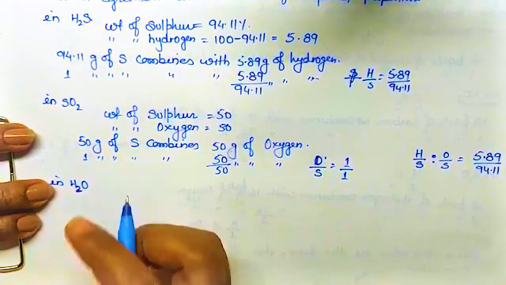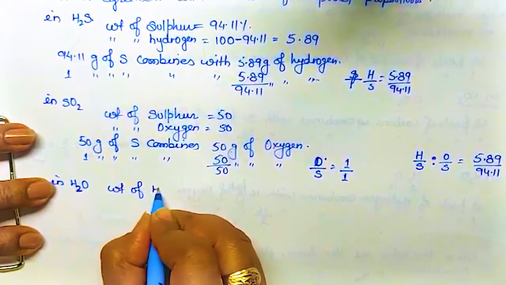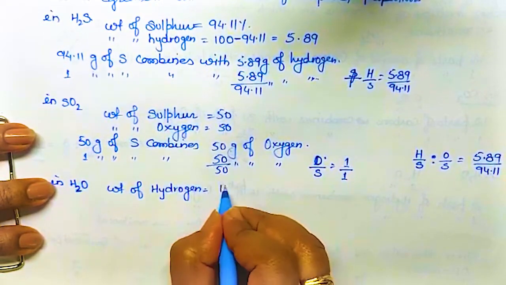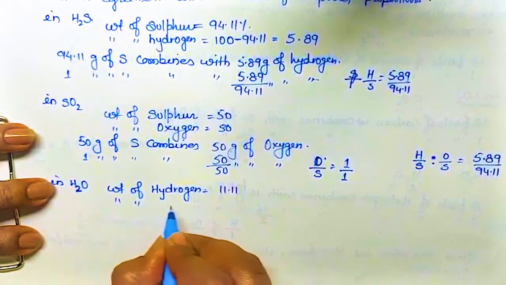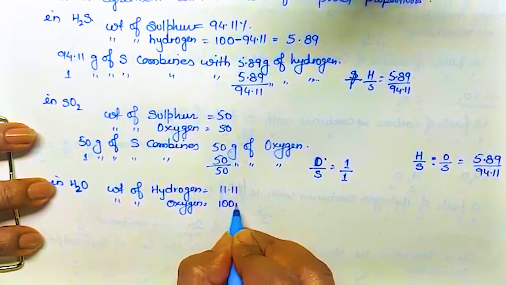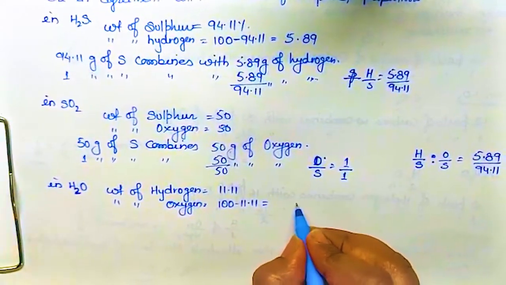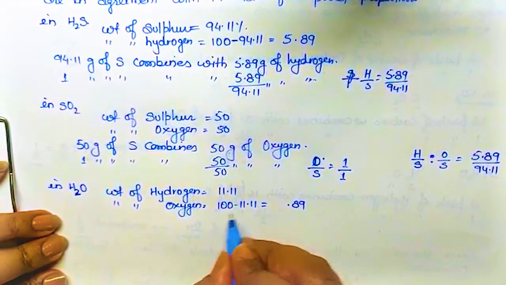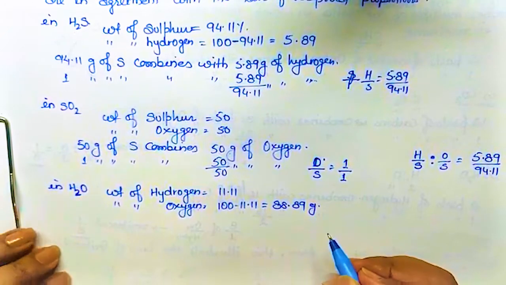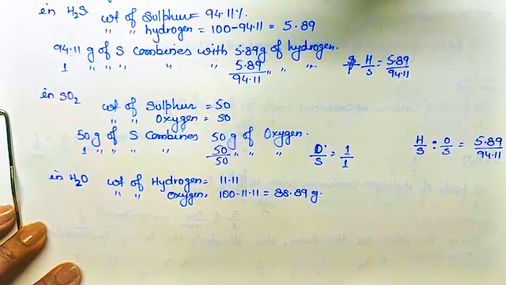Now in H2O, the weight of hydrogen is given, isn't it? The weight of hydrogen is 11.11. So the weight of oxygen will be 100 minus 11.11. So this will be 88.89. So what will be the ratio of oxygen and hydrogen?